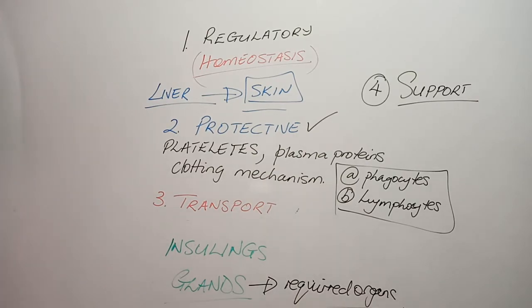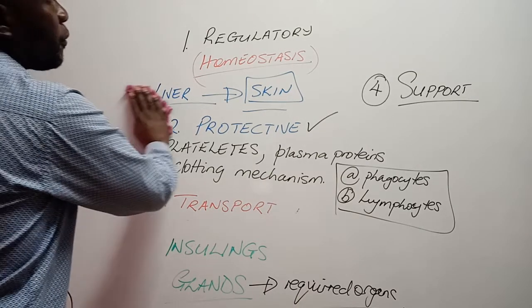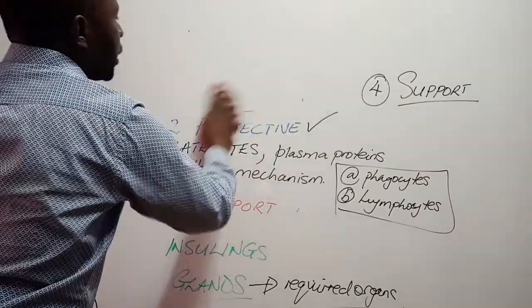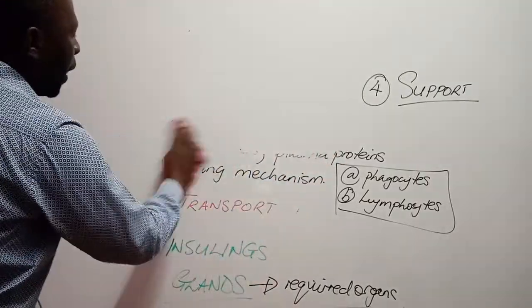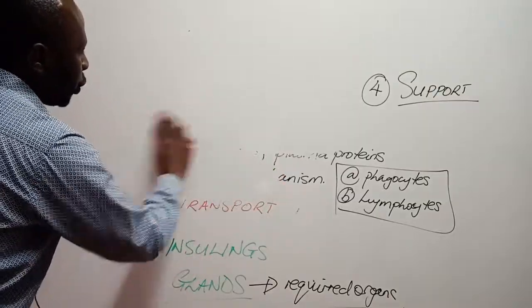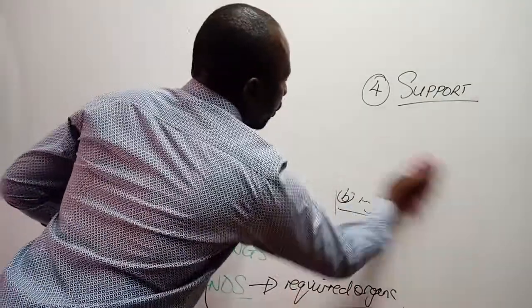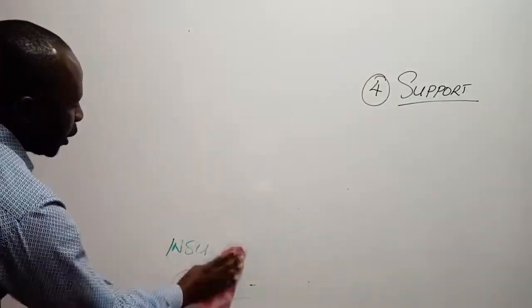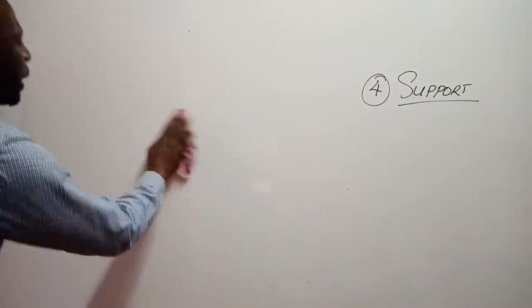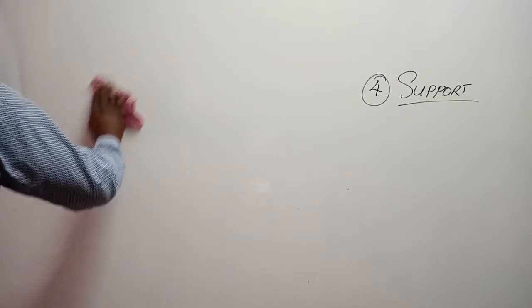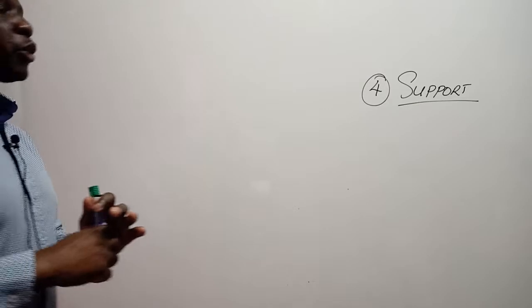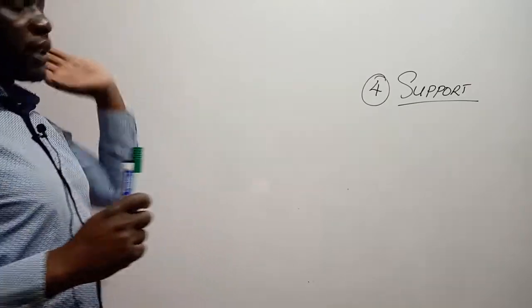Now we go to the last function of blood, which is the support system. I'll take you a little bit to plants. We say that the other role that is played by water in plants is supporting the plant, to keep the plant upright.